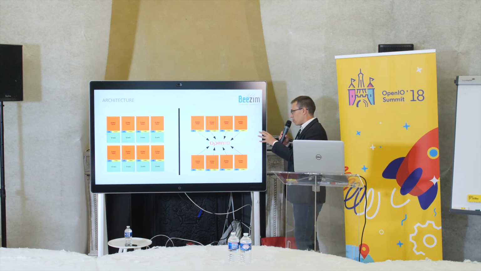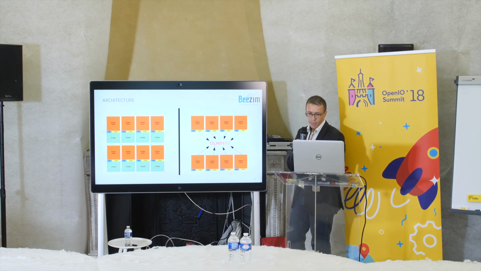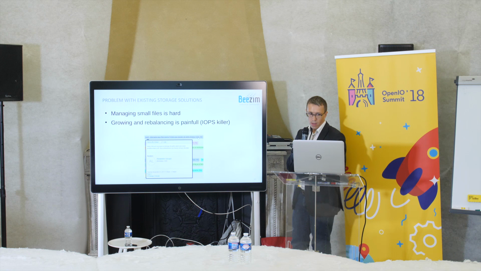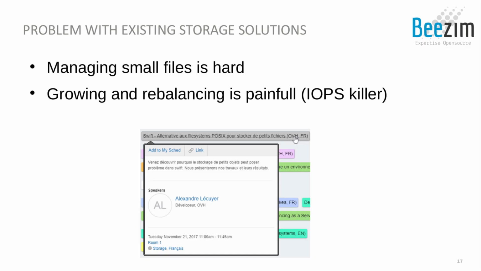OpenIO will provide high availability and resilience for all the data, all the emails that are used by Zimbra. And as I said, we will have millions or billions of small files to manage, and this is a pain for all the storage solutions that exist.